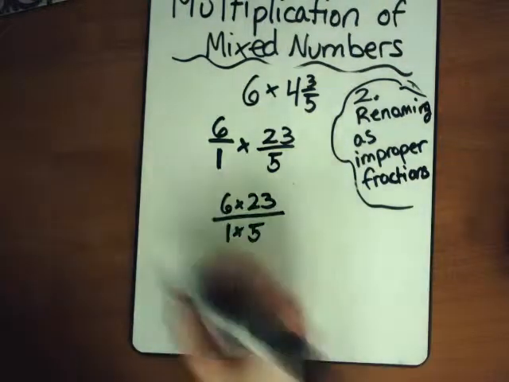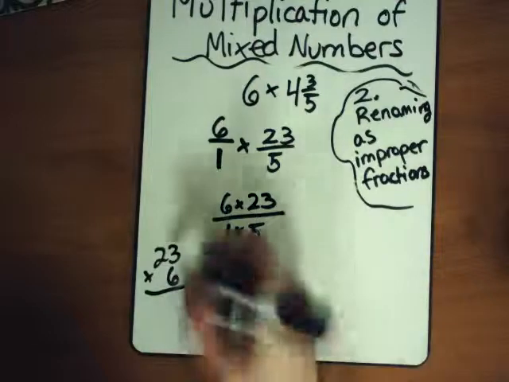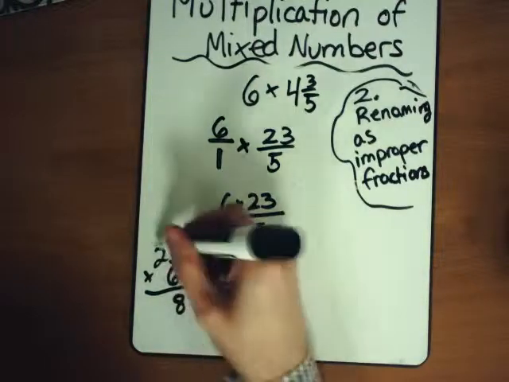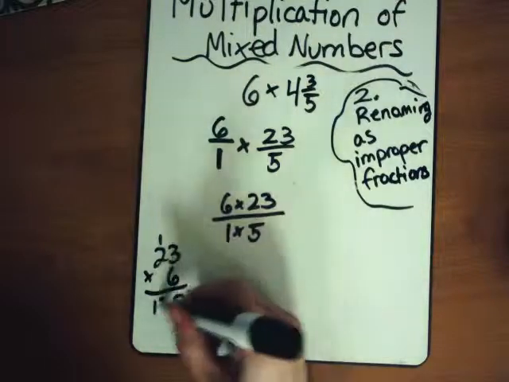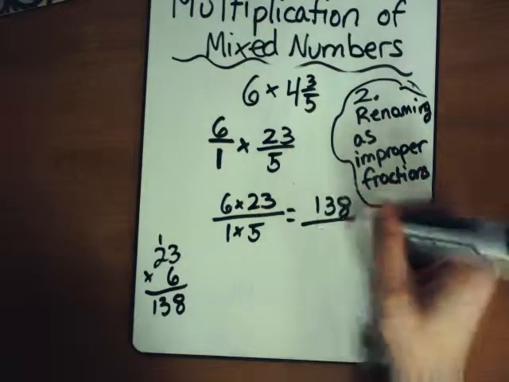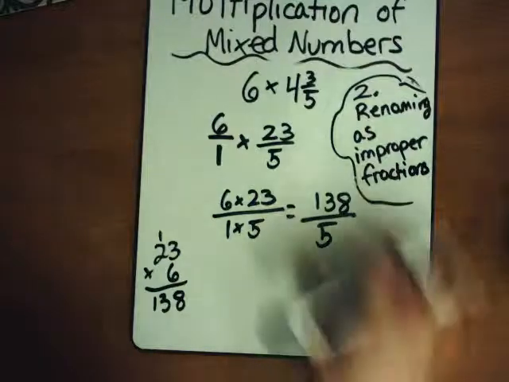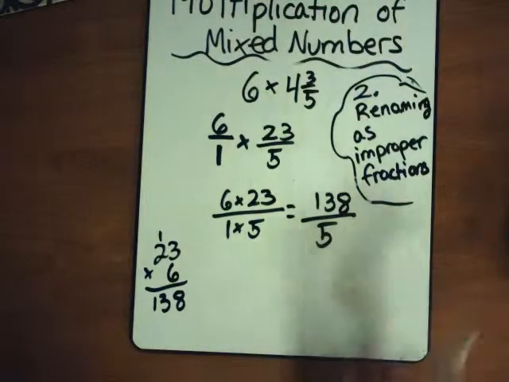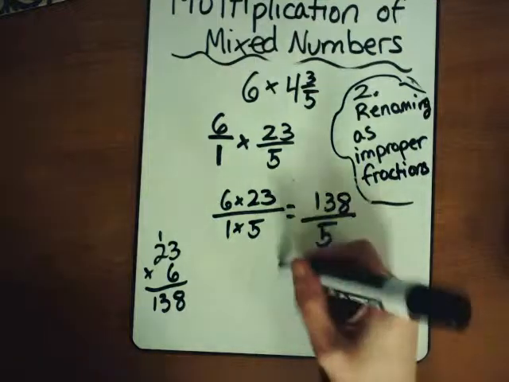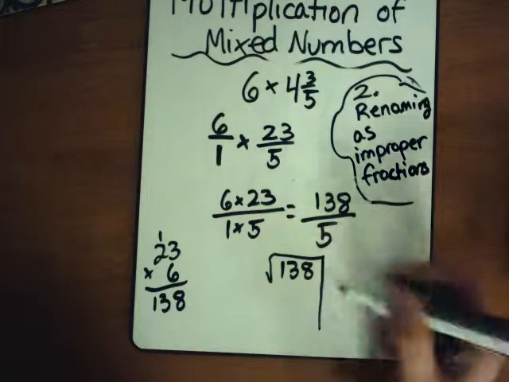So 6 times 23 is 138 fifths, right? So now I need to divide 138 by 5 to get that into a mixed number again. So I'm going to go ahead and use partial quotients here.